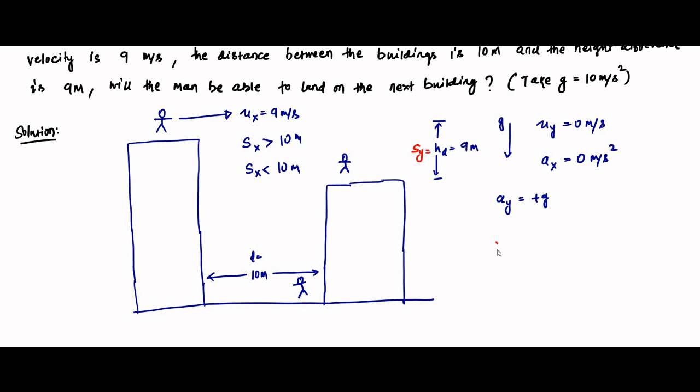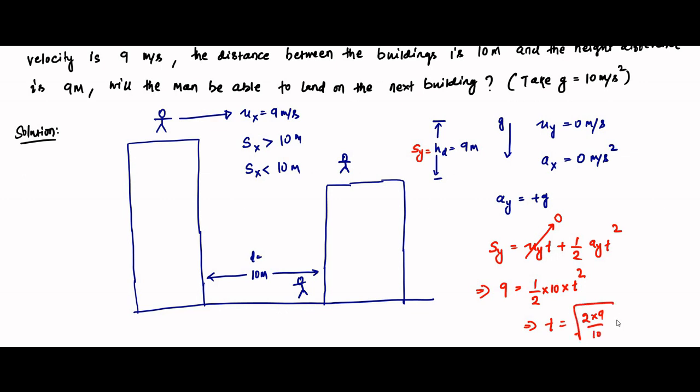So we will use the equation Sy = Uy t + 1/2 Ay t². We'll substitute Sy with 9, Uy is 0, so this whole term will become 0. Ay is equal to plus g, which is equal to 10 meter per second square. So this becomes 9 = 1/2 × 10 × t², which implies t = root over 2 × 9/10.